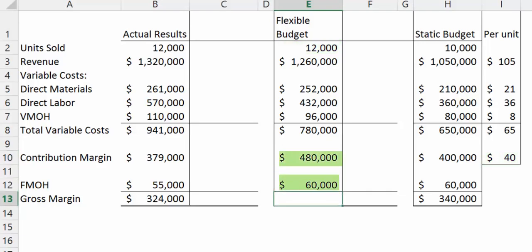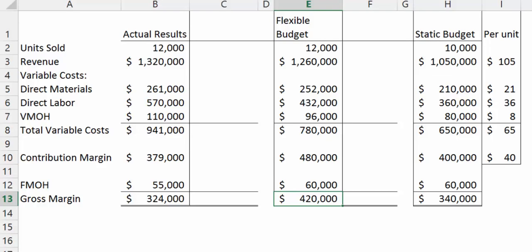I can subtract the fixed costs of $60,000, and I get $420,000. So my gross margin should have been $420,000 if I sold everything at the standard price, used exactly the right quantity of inputs, and all of those inputs were at their standard cost. Of course, we can see that that's not what happened.